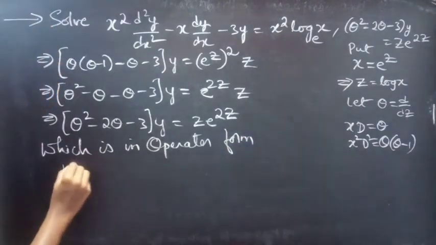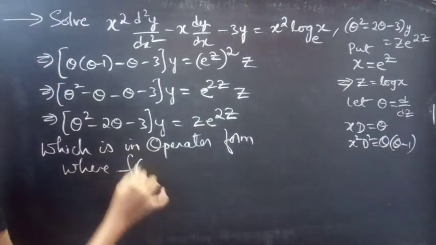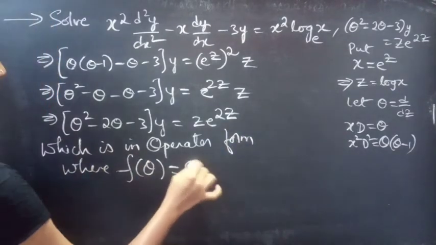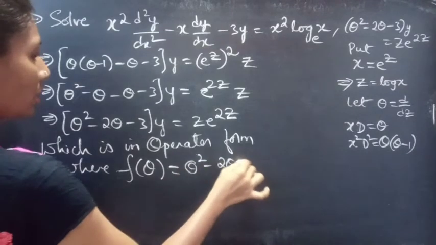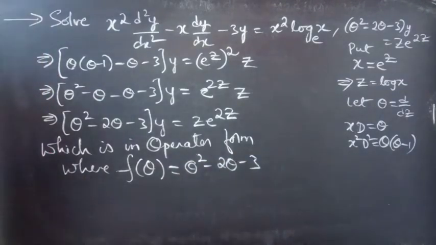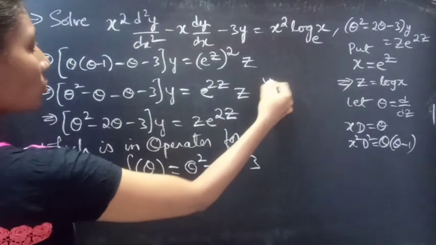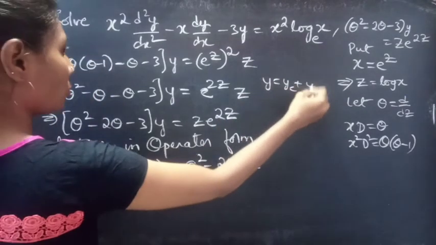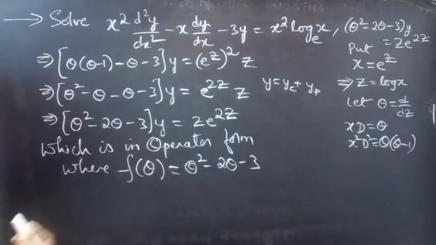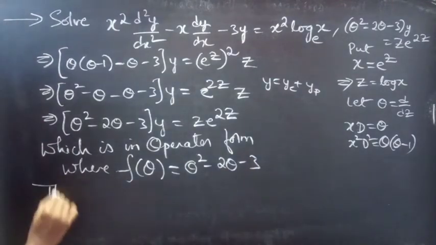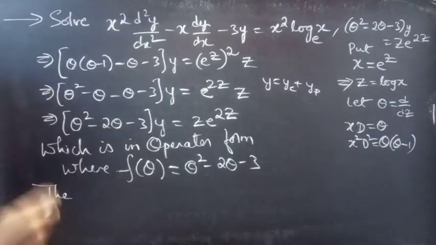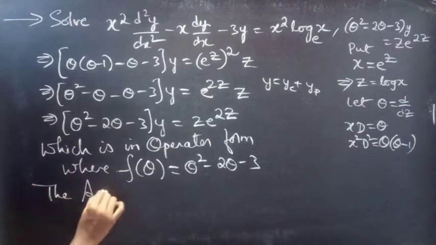Where f of theta equals to theta square minus 2 theta minus 3. Now let's find the general solution to the given equation, which is given by y equals to yc plus yp. We now find yc and yp. Firstly, let's find yc using the auxiliary equation.